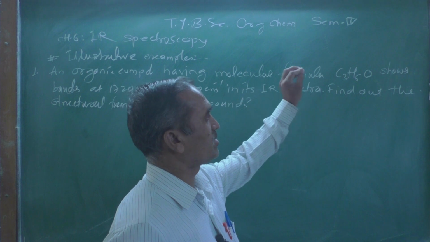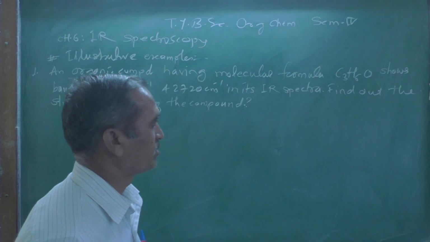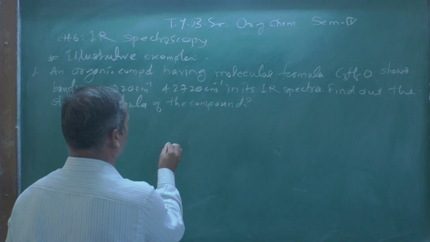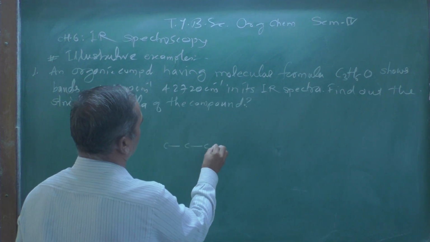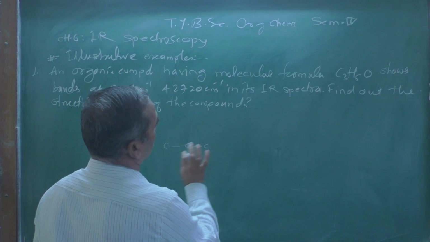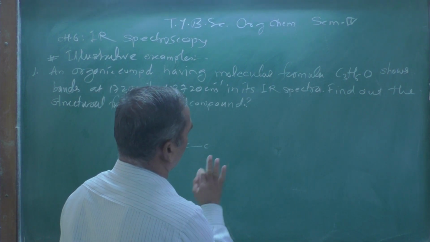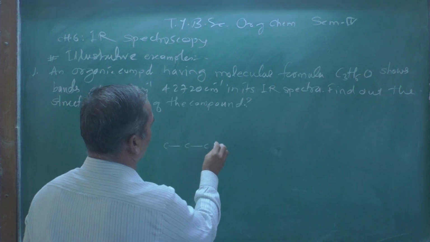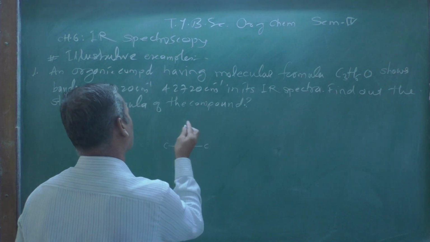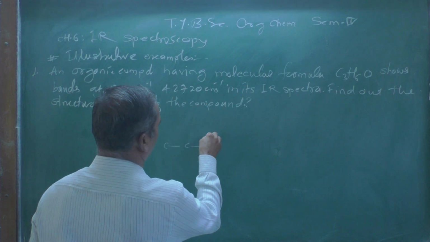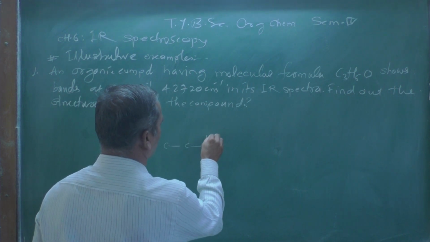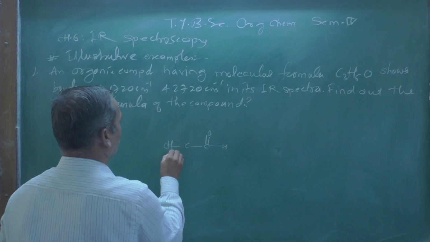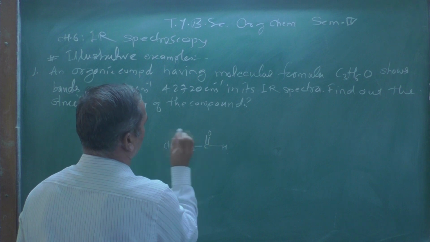Now suppose there are 3 carbon atoms. We can show these 3 carbon atoms in a straight chain, and 1 oxygen atom, which we can put here as C double bond O H, and here CH3, here maybe CH2.